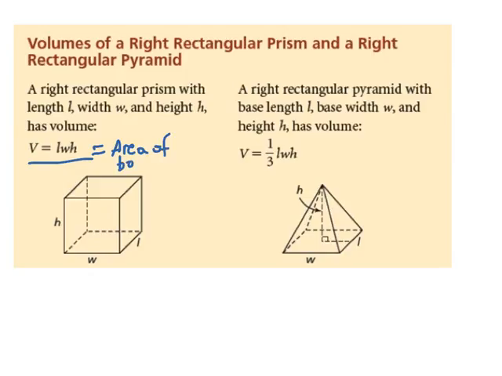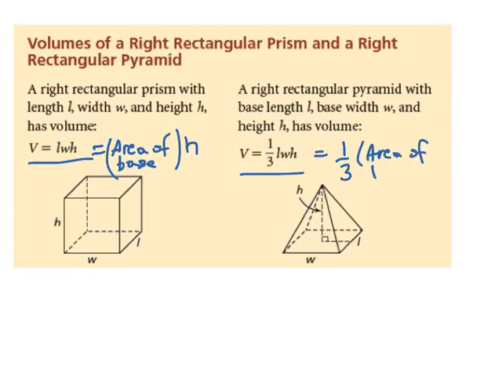As for the right rectangular pyramid, the volume is often referred to as a third length times width times height, but length times width is really the area of the base times the height.